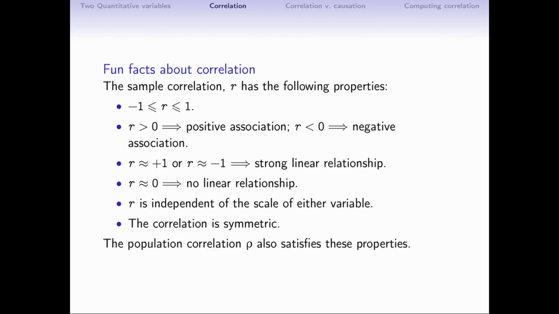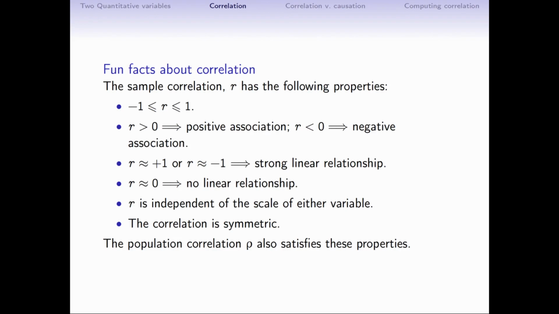That will have absolutely no effect on the correlation. So even though I'm magnifying that variable by a factor of 12, the correlation between that variable and another variable will not change. And that's what it means to say that it's independent of the scale of either variable. I'm free to change scales, and that will have no effect on the correlation between the variables.